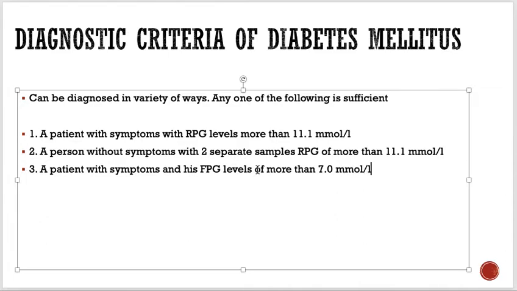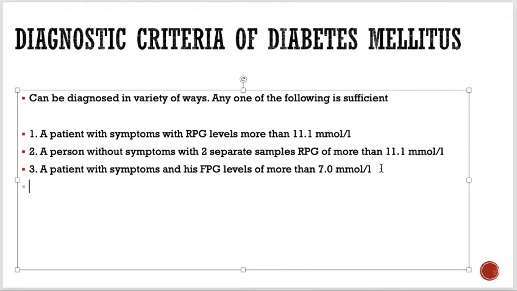Now see, 7.0 in the fasting state. Guys, remember this: 7 is basically, if you convert it into milligram per deciliter, 126 milligram per deciliter. This one is 200 and this one is 126 milligram per deciliter.